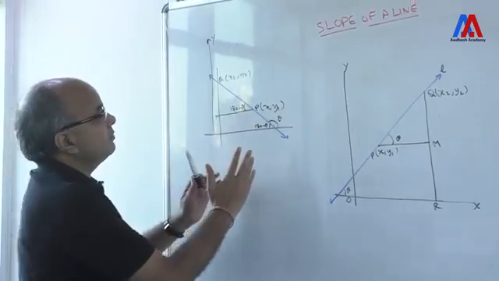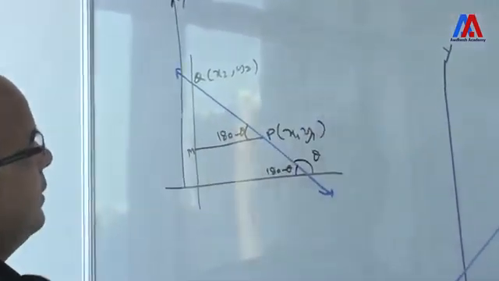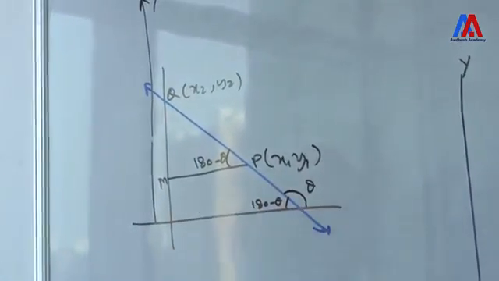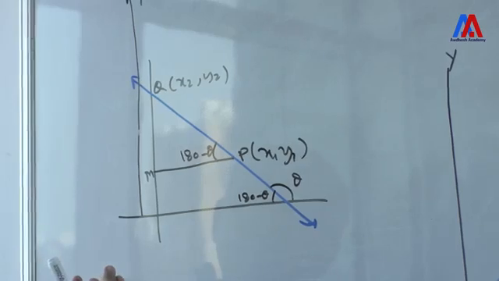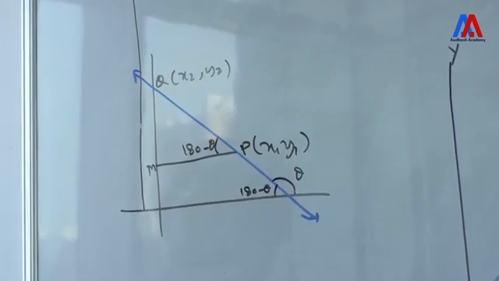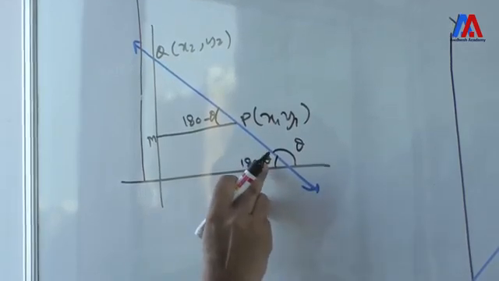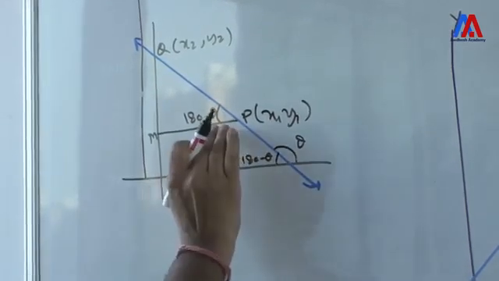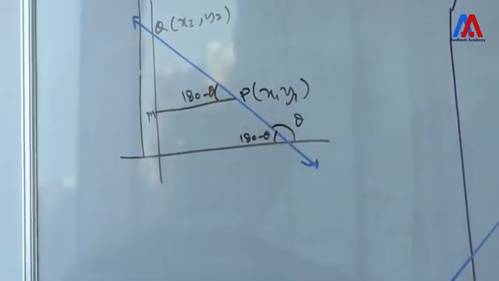So sometimes this line will be making an obtuse angle, that is more than 90 degree angle from the x-axis. In that situation, whether the equation will change, let us find out. Now imagine that this is a theta angle, so inside will be 180 minus theta, and this is parallel to this line, and so this will become 180 minus theta also.